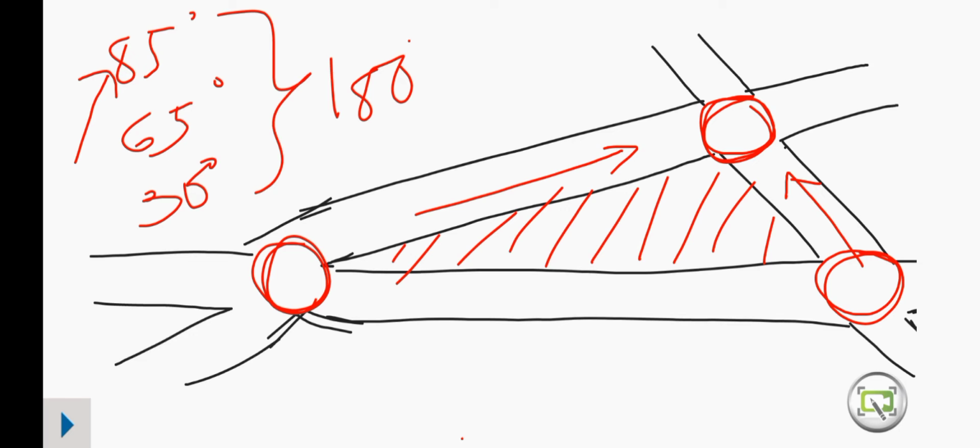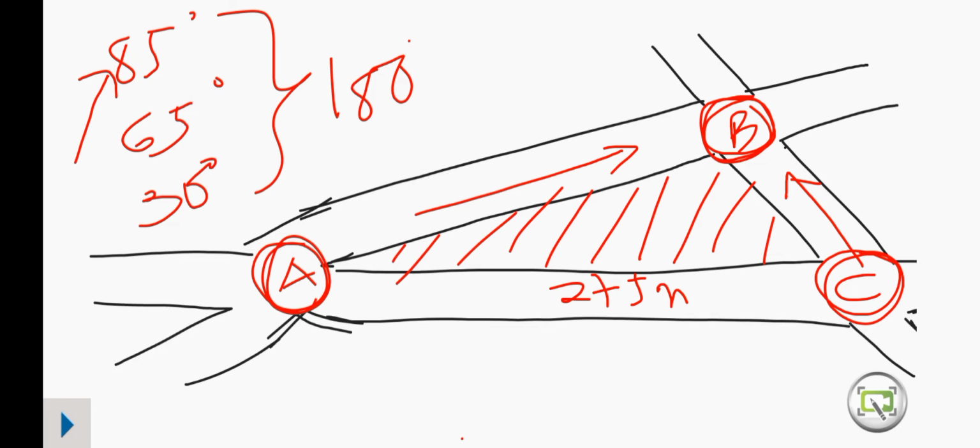Okay, so from my sketch, now let me label. Let's first name the junctions simply. We label this junction A, here B, and here junction C. Looking at the drawing, although it's not drawn to scale, we can say that the longest length is A to C, which will be the 275 meters.